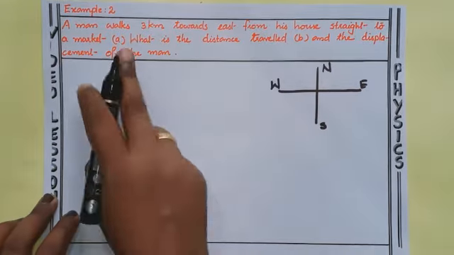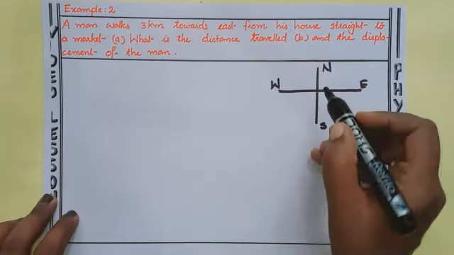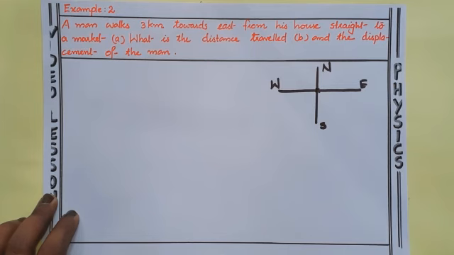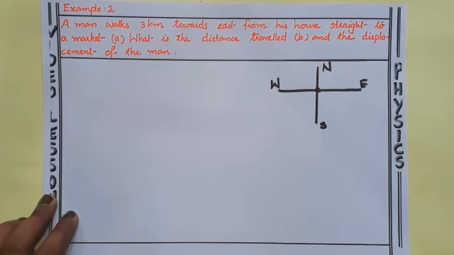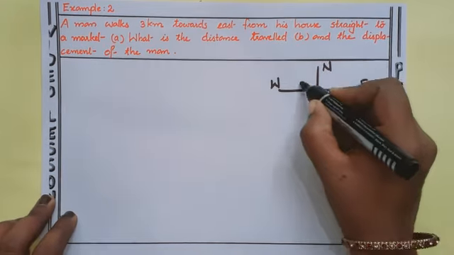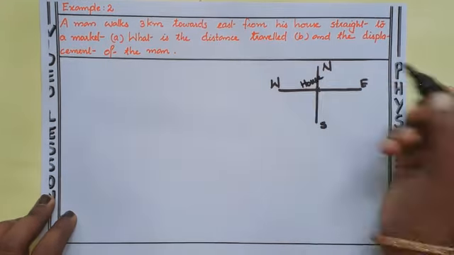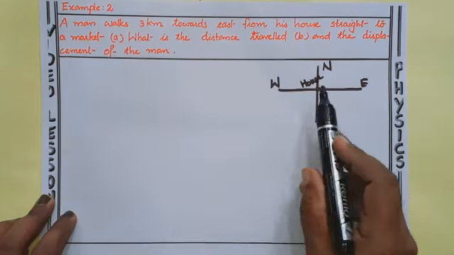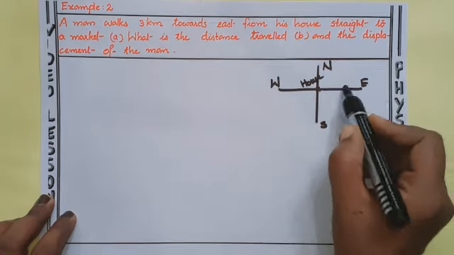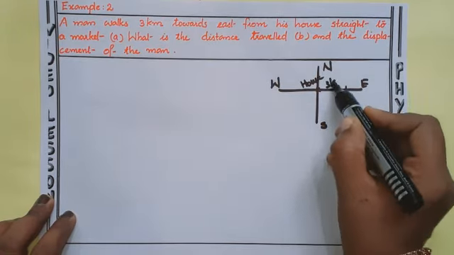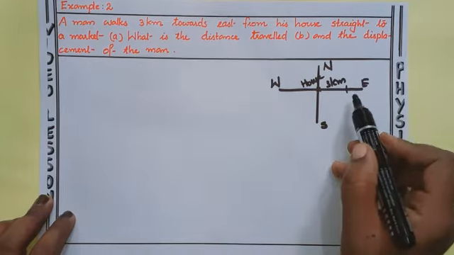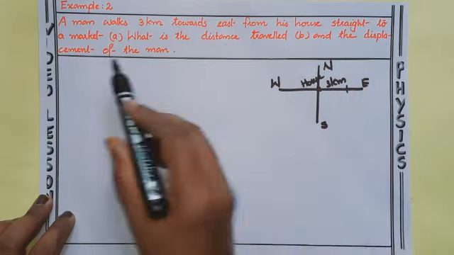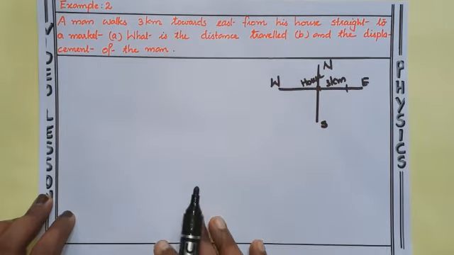A man walks 3 kilometers towards east. So this is the starting position, the initial position, and from here is the house, and from here 3 kilometers towards east to the market.